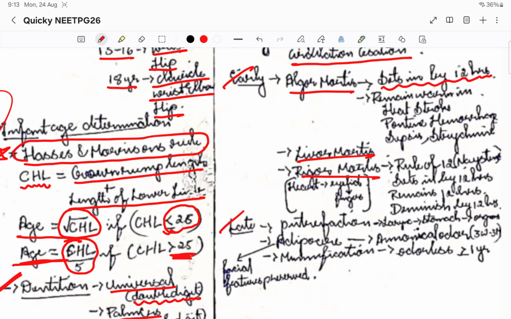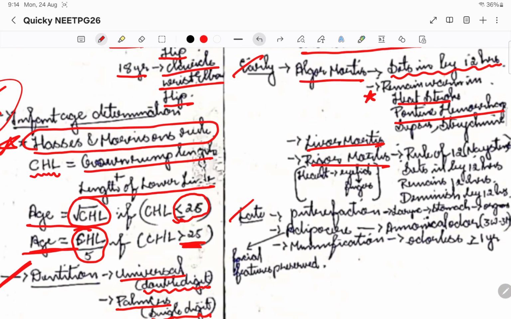There are exceptions where the body remains warm, and algor mortis won't happen. These cases are heat stroke, pontine hemorrhage, sepsis, and please remember strychnine poisoning. We'll come back to that in toxicology, but please remember, these are the cases where algor mortis won't happen and the body remains warm.